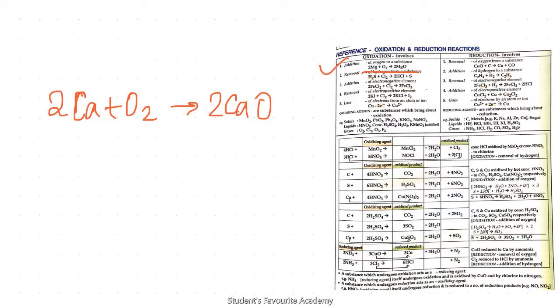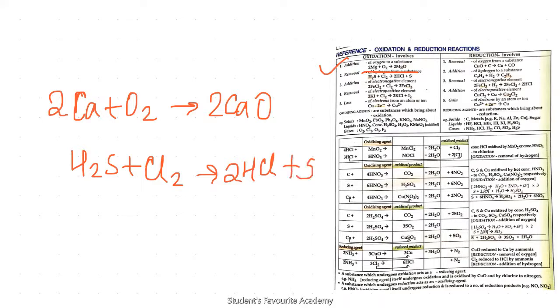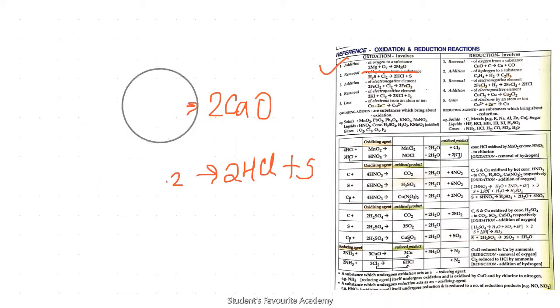And when we talk about removal, children, what happens? See, H2S gas, when it is reacted with Cl2, it is giving me 2HCl plus S. So this is an example of removal reaction. These are the things which are happening, children, in oxidation. And then reduction involves what, children? This table is all about the differences between oxidation and reduction.